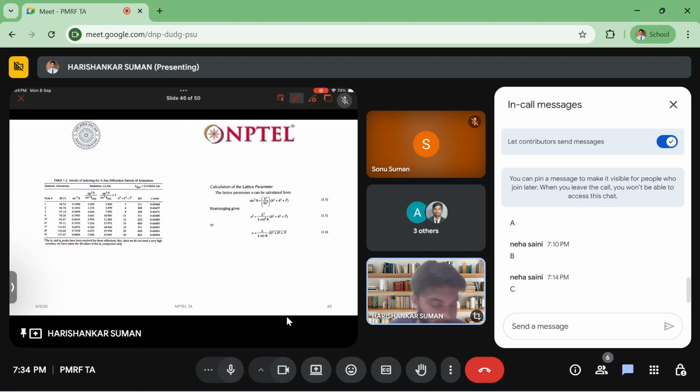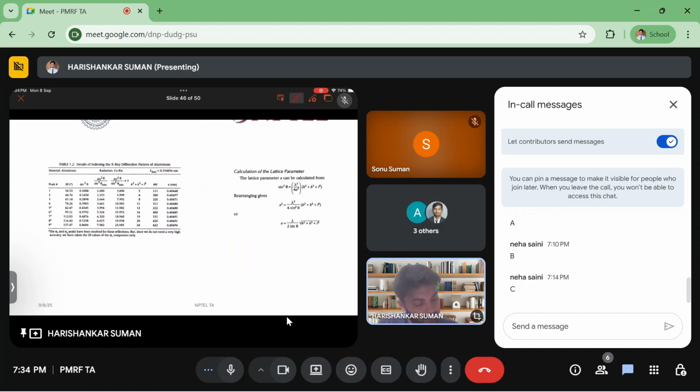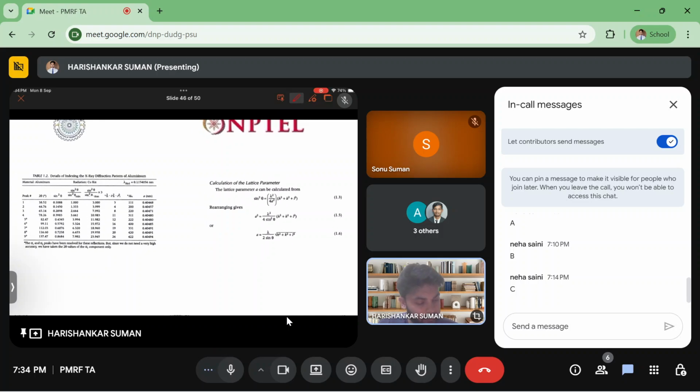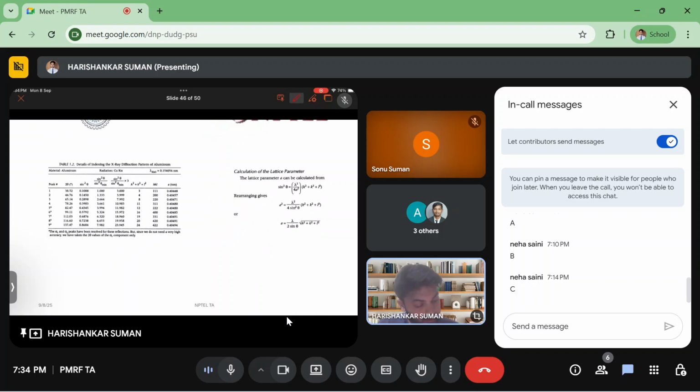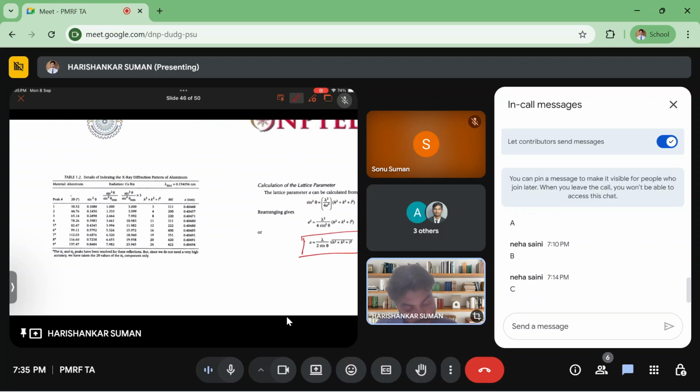Okay, so let's solve the other type of question. See this, using this equation we will get a. First, if theta is given, calculate sin theta and sin square theta, then divide by the minimum sin square theta value.